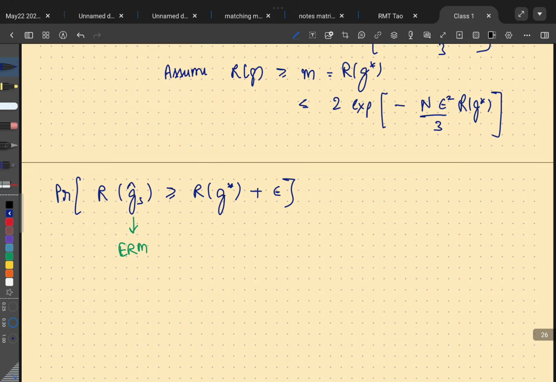Or in other words, is it possible just using this to get a bound on this particular quantity? What do you think?